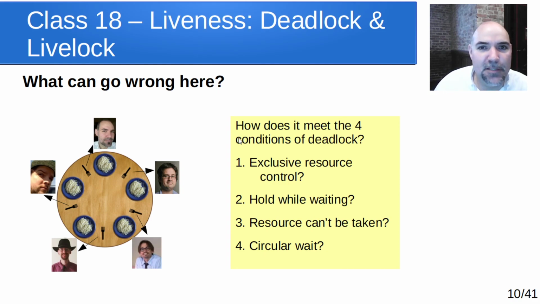Nothing in the algorithm said somebody watches these idiots sit around the table and comes up and punches one of them in the face and takes the fork away, or taps them on the shoulder and politely says, "Put your fork down." So that doesn't happen. That wasn't part of the algorithm we had. And is there circular wait? Well, not always, but there certainly can be in this case. If they all picked up the right or they all picked up the left at the same time, we'd be stuck there with them waiting in that circular loop.